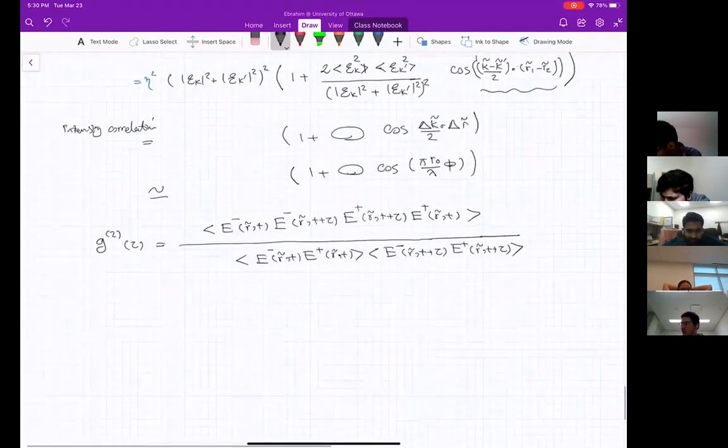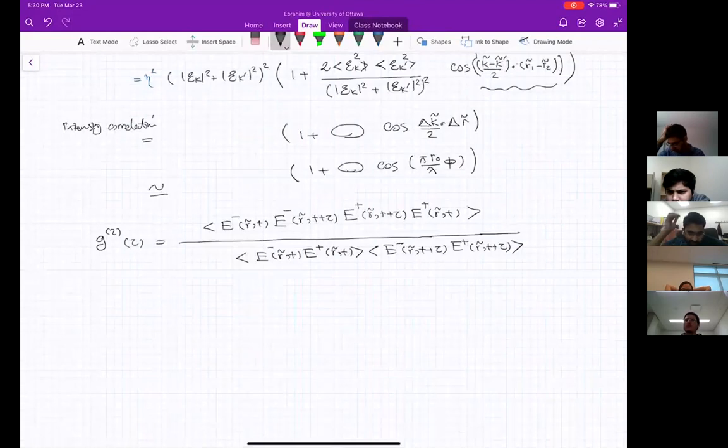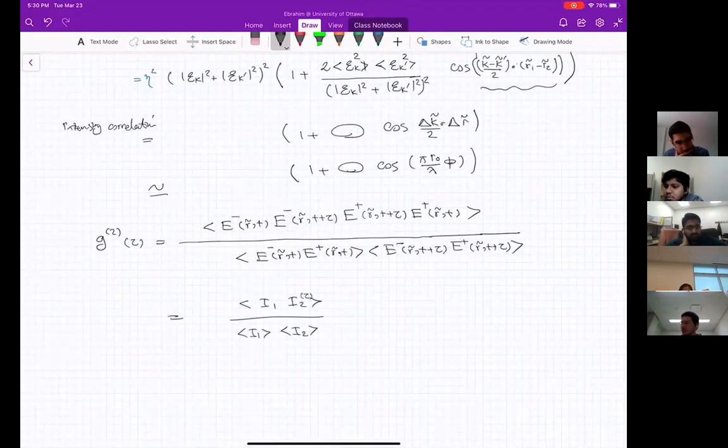Okay, and that is the second order correlation function. Roughly, this is nothing more than intensity of 1, intensity of 2 divided by intensity of 1, intensity of 2. That's all. Remember that one of them only is at the tau.